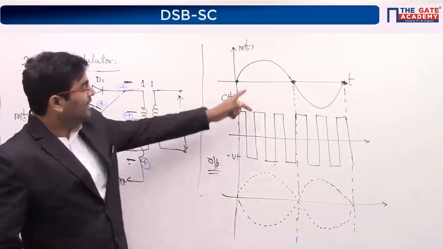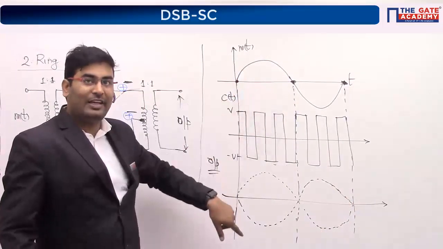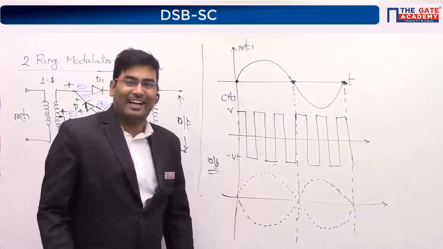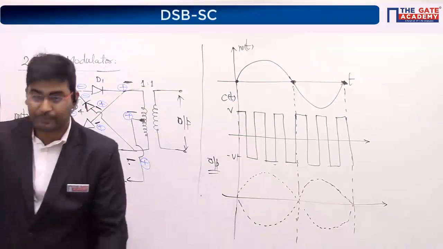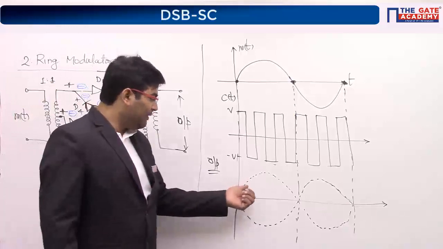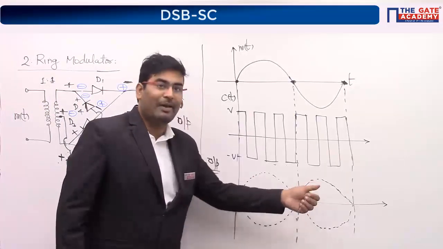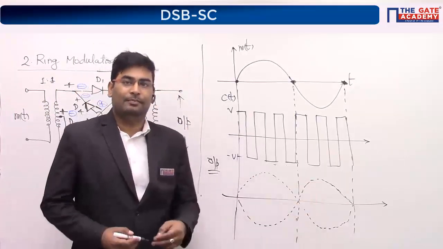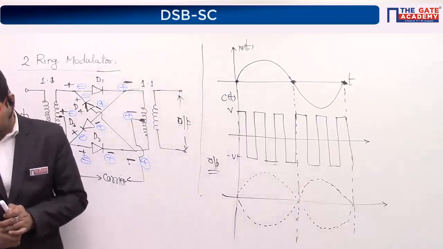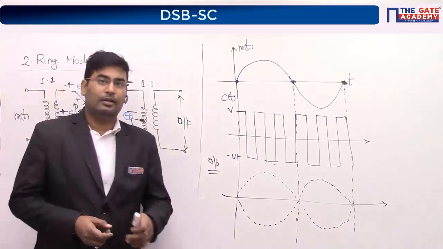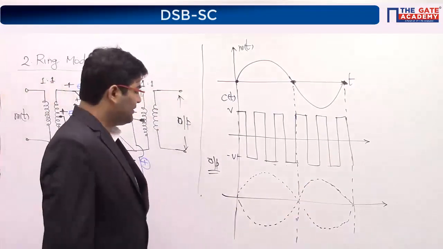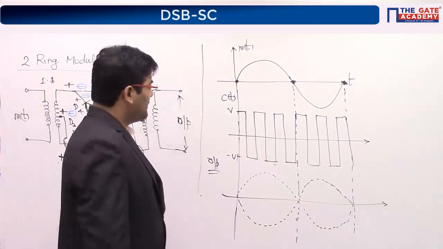I've just taken the m(t) and the minus m(t) and made the envelope. Can you see it, guys? This is m(t), the below part is minus m(t). Now look at the beauty of this.